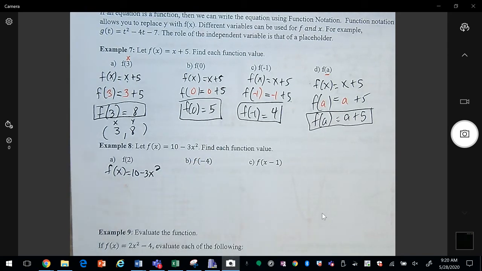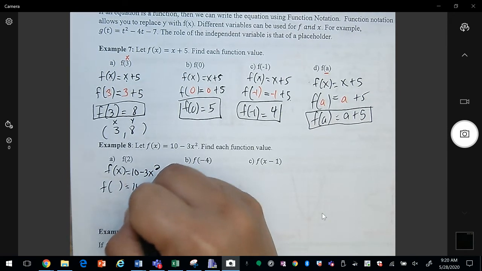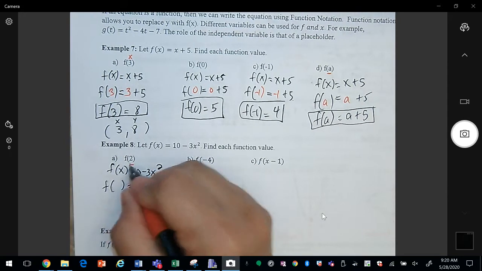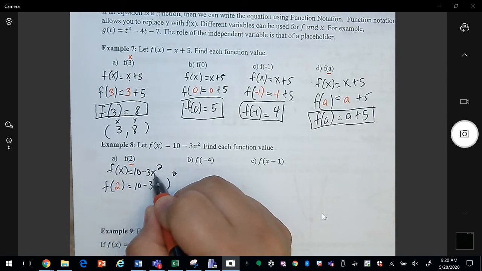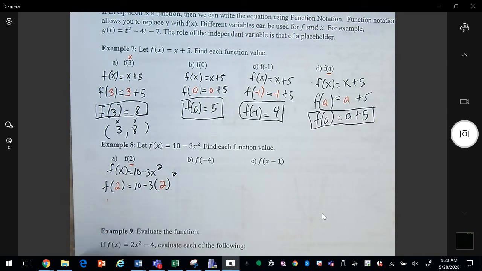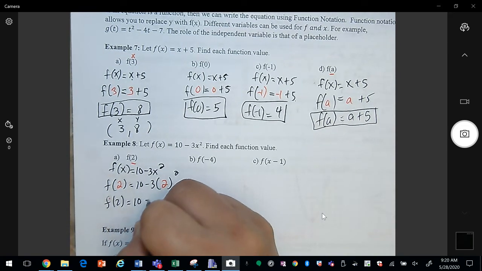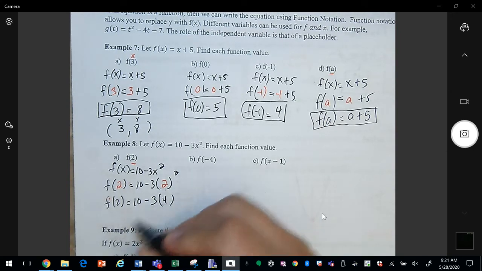So anywhere you see an x, we're going to replace it with the number 2. So here I have an x, so I'm going to replace it with 2. And here I have an x, I'm going to replace it with 2. So I get 10 minus 3 times 2 squared is 4.